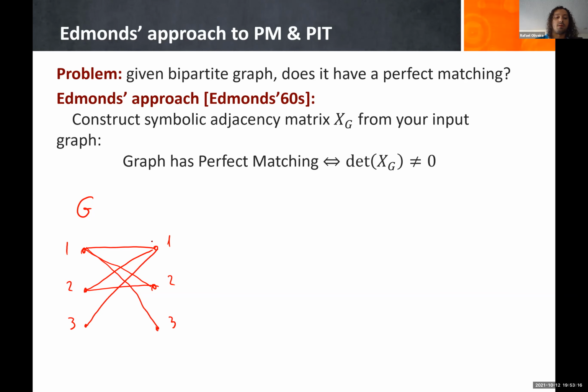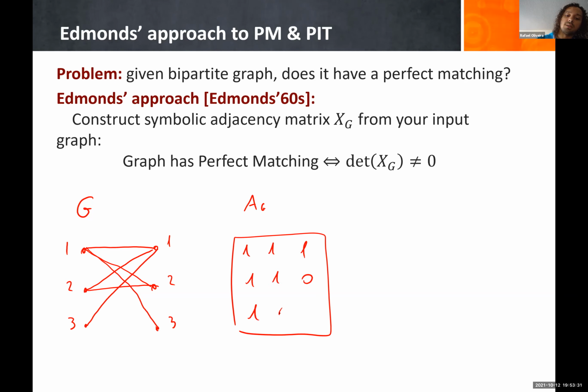If we look at this matrix, this is exactly the matrix that we had before. The adjacency matrix of G is exactly 1, 1, 1, 1, 1, 0, 1, 0, 0, correct?